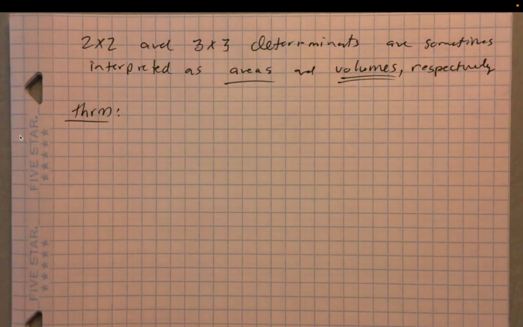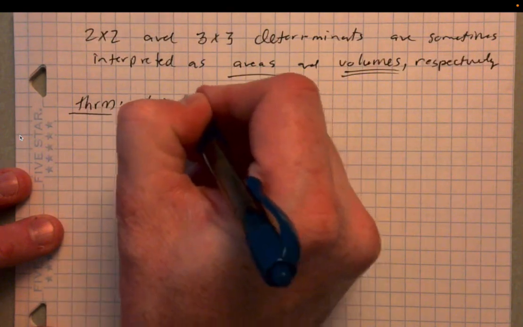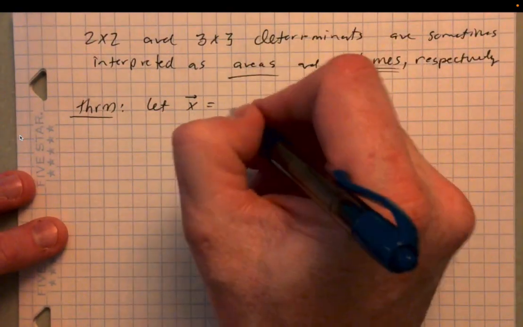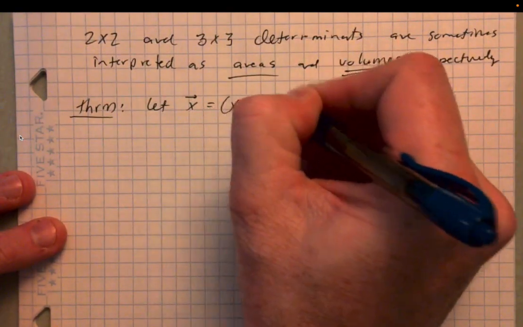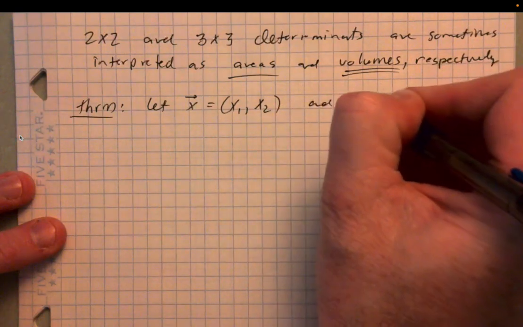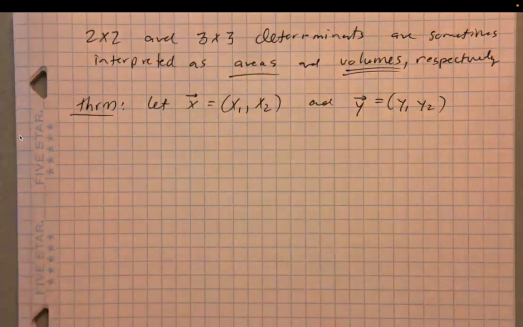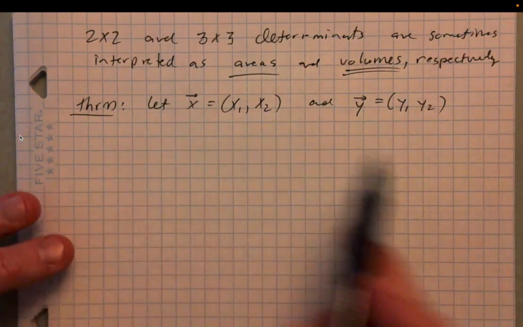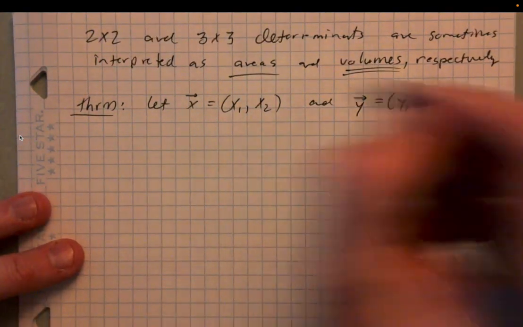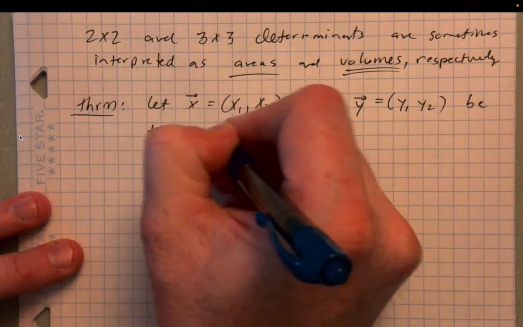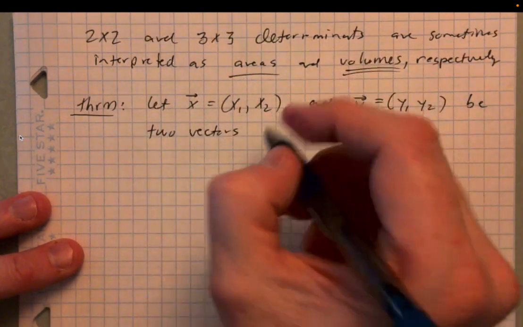Let's write it out. We'll write the theorem out for the 2x2 case, and then we'll just talk more generally about the 3x3 case. So let x be a vector, x1, x2, and y a vector, y1, y2. These will be two vectors that are non-parallel.